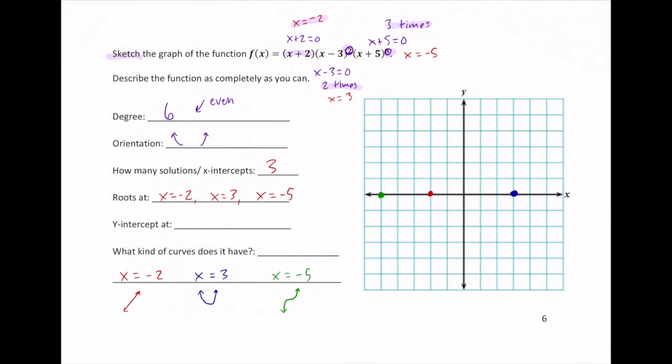All right, another thing that we know is that our graph needs to point up at both ends. So no matter what happens in between, our graph is going to go up at one end and up at the other end. So we can just roughly sketch what this is going to look like.